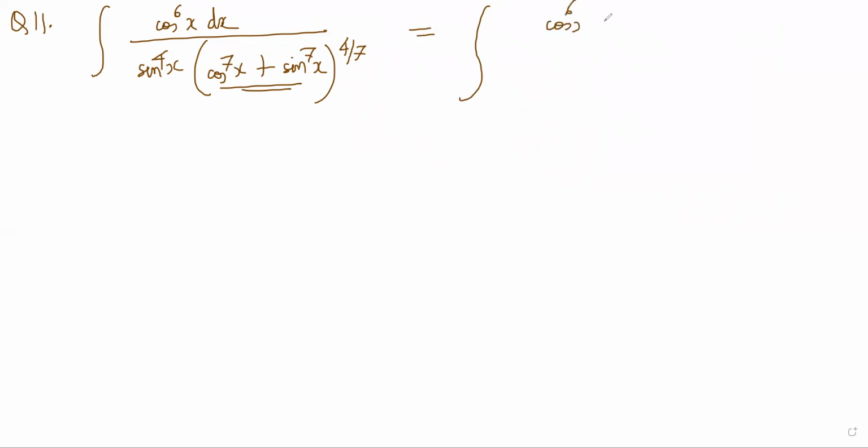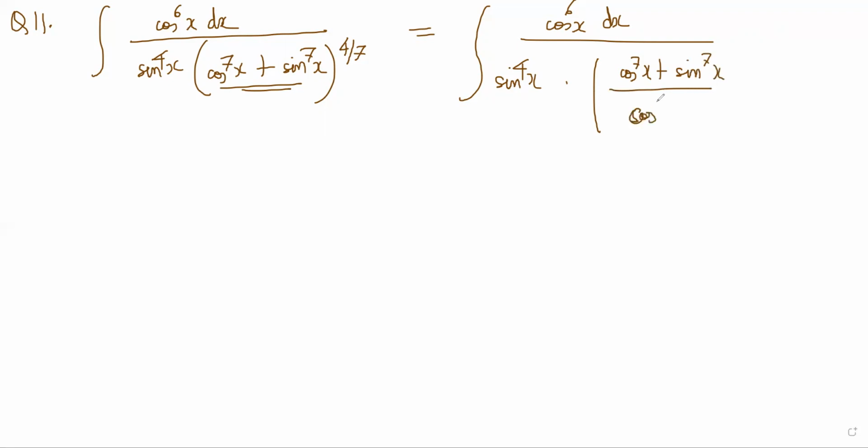So I'll do cos 6x dx, sine power 4x, cos 7x plus sine 7x by cos 7x, right, to the power 4 by 7. So technically, if this comes out, it is 1 by cos power 4x. So that means you have to multiply by 1 by cos power 4x on top also, right? Then only this operation is justified.